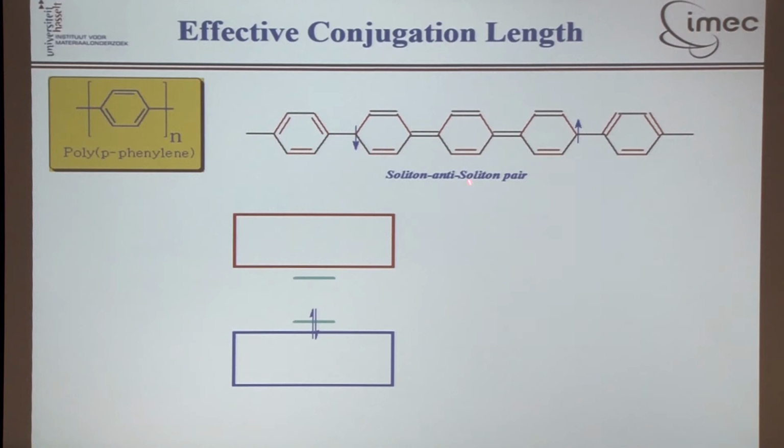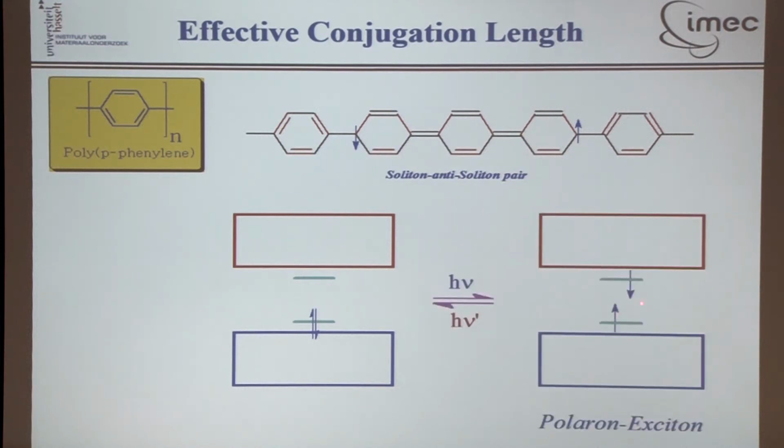That has to do with the fact that every excitation relates to this kind of structure. It's called a soliton-antisoliton pair. This is not stable, but it gives these energy levels in the gap. You will see these energy levels as soon as you excite, because then you have an electron on both energy levels, and this can exist. The soliton-antisoliton pair will never exist.